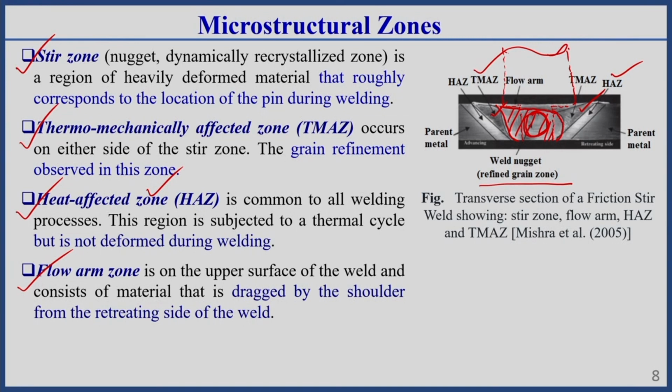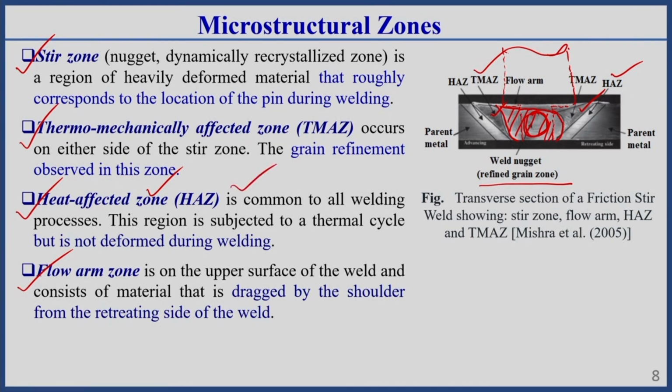But in the thermomechanically affected zone, both heating and mechanical deformation affect the microstructure. That is why that one is called the thermomechanically affected zone, and this zone, where only heat is the main factor changing the microstructure, is called the heat affected zone.